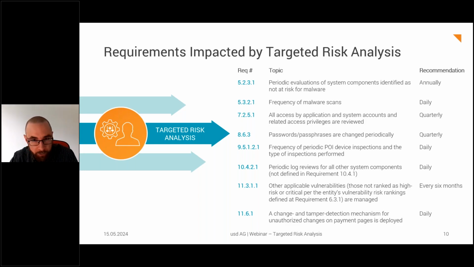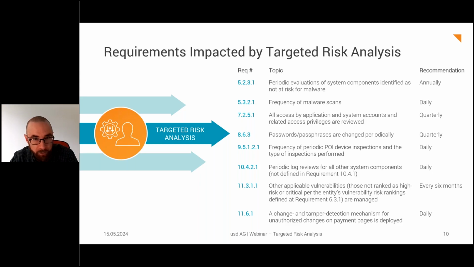My recommendation here is to perform those scans daily. I think that is, depending on the system, quite reasonable. Maybe for some systems you even want to perform scans more frequently. As I said, this really depends on the threat landscape that you're looking at.